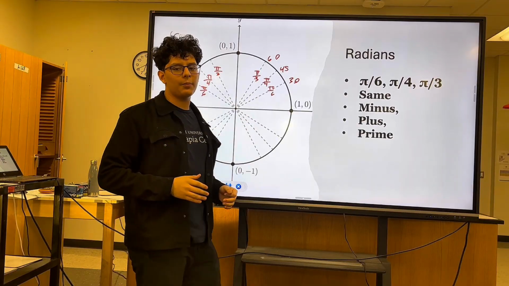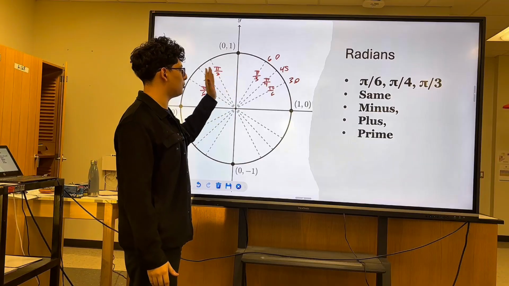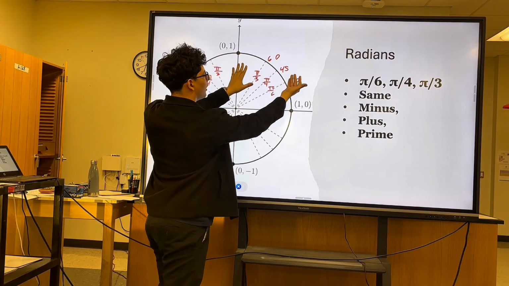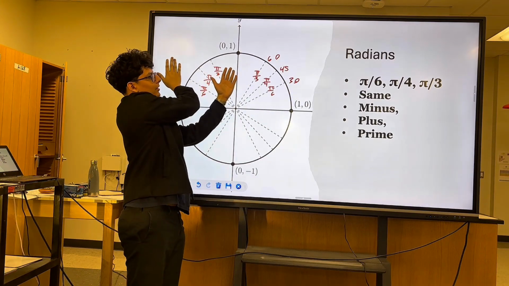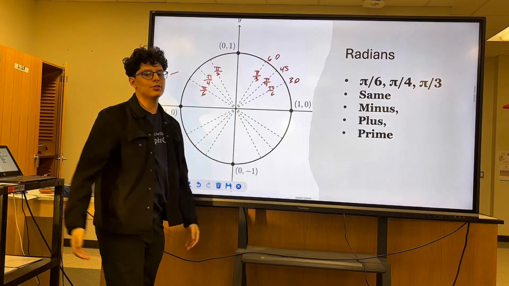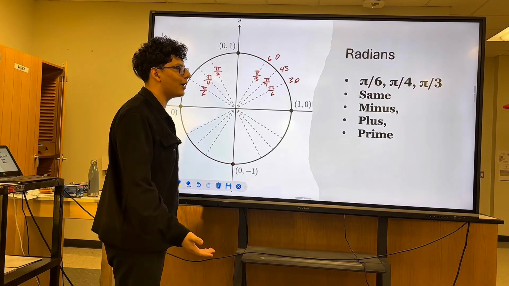A special thing about the unit circle is that most of the properties are reflected. As you can see, this side is reflected onto that side, and this entire thing is reflected onto that side. So you can remember the unit circle being reflected both ways, hot dog and hamburger style.